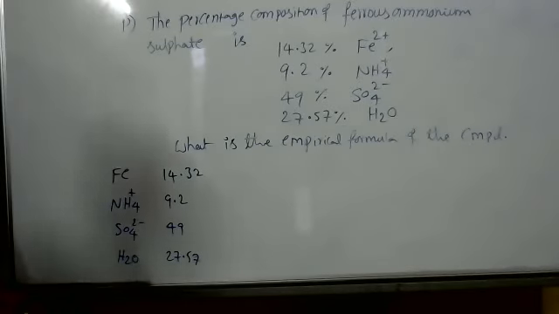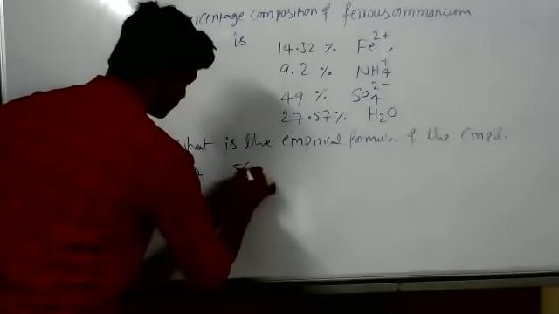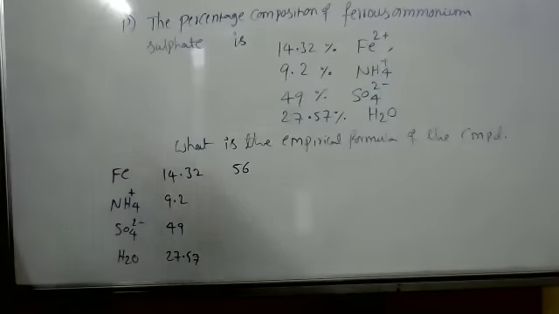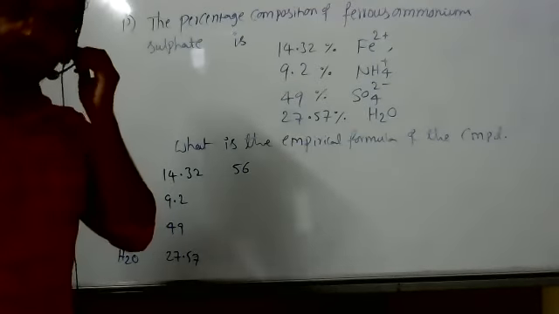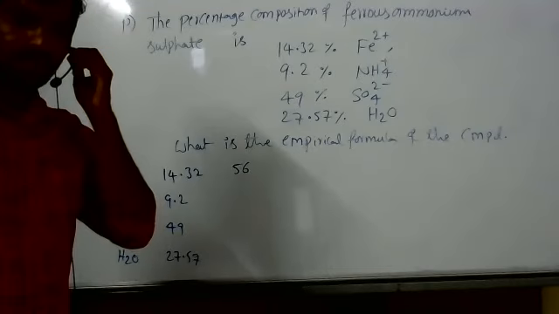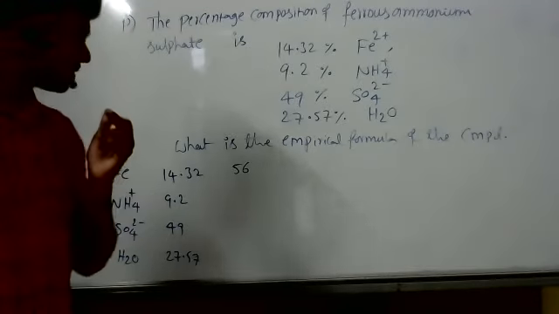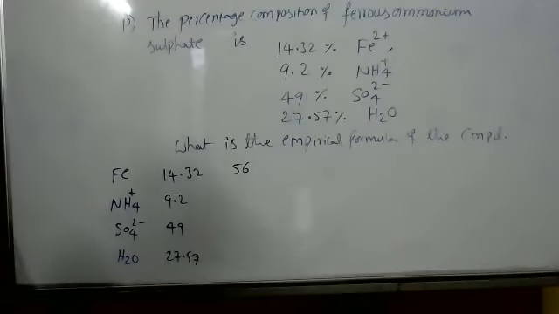Iron is 56. Ammonium, calculate NH4 plus. Sir, it would be 54, right? Like it's Fe2 plus. Sir, it's Fe2 plus, right?